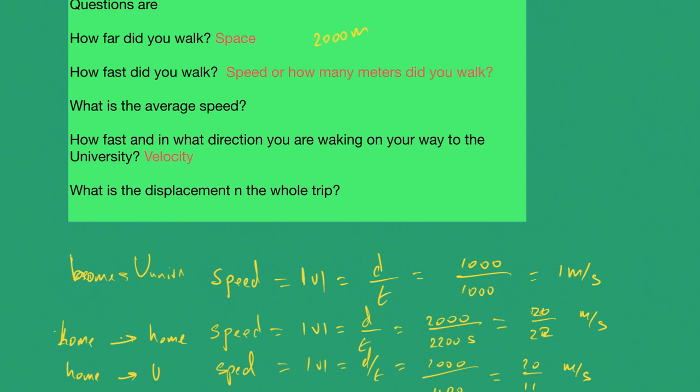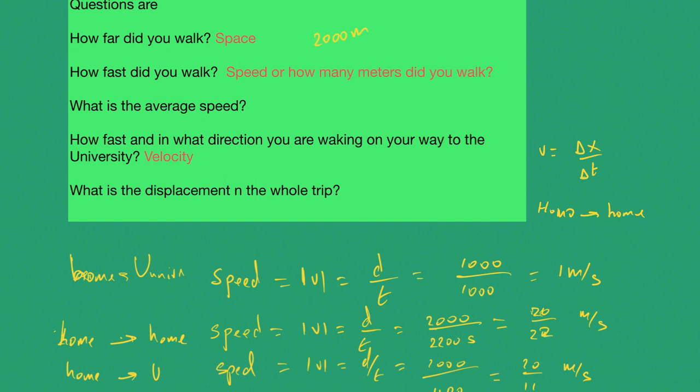Now there is something that is different. What is the velocity? Velocity is displacement divided by time elapsed, delta t. Velocity is delta x divided by delta t. So what is the velocity going from home to home?